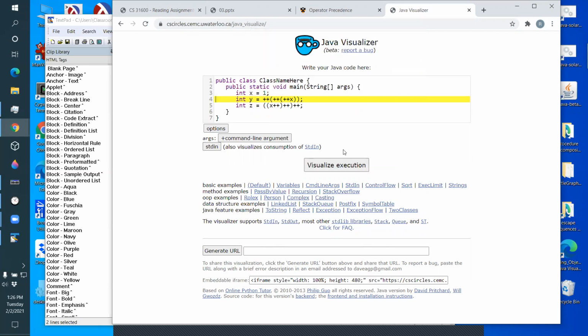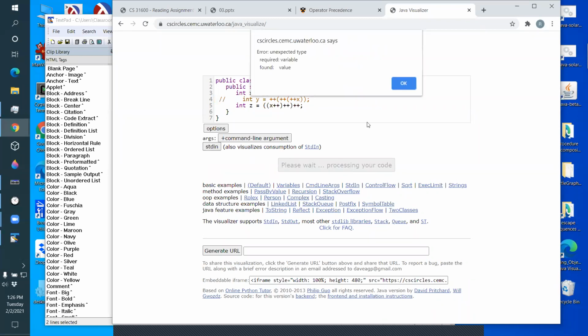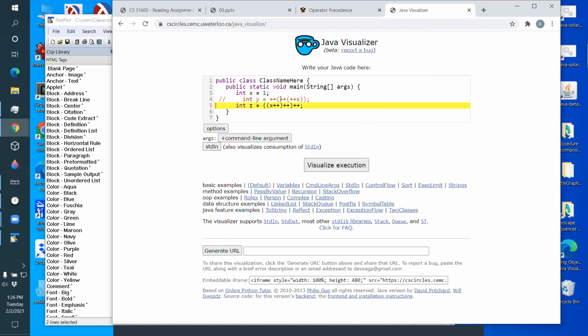Yeah, I don't know what they mean. See, it doesn't work. And the other one doesn't work either. See, you can't increment something that's not a variable. So you have to increment a variable.